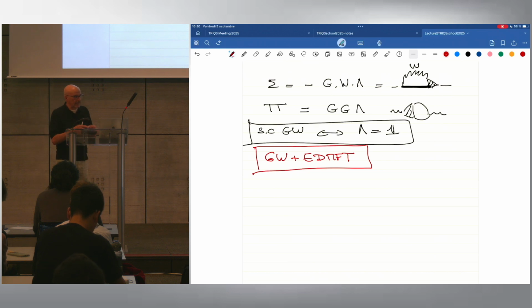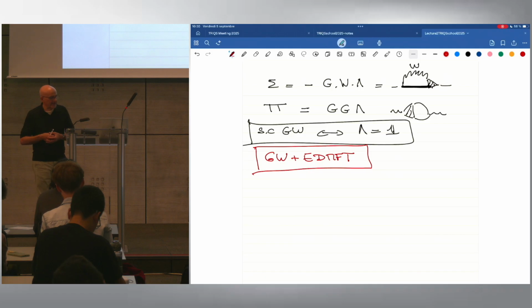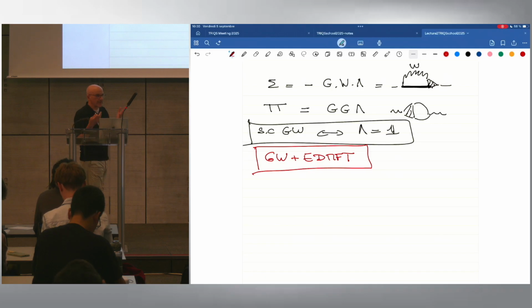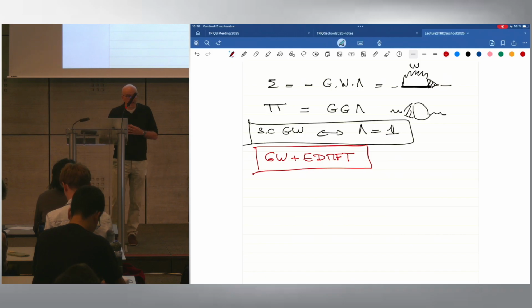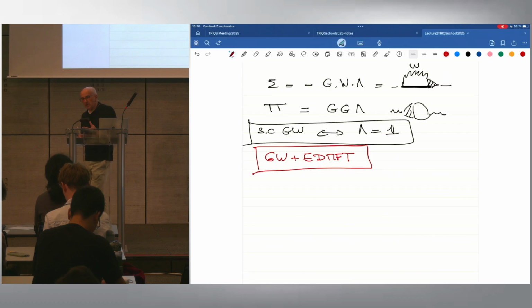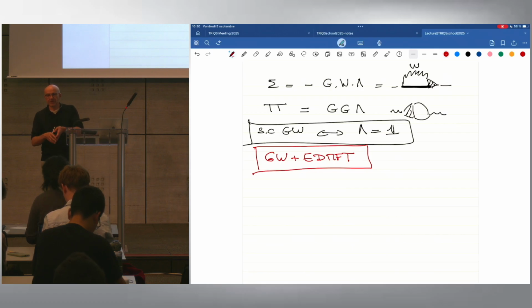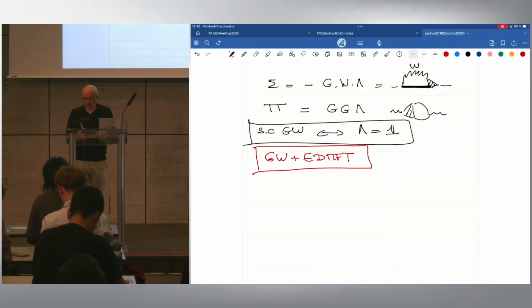And we know exactly which diagrams, if you are obsessed by diagrams and perturbation theory, which you may not be, but if you are, we know exactly which terms are kept in the theory and which terms are neglected. And especially we know, when we combine the two, which terms to remove from GW that are going to be correctly handled by EDMFT.